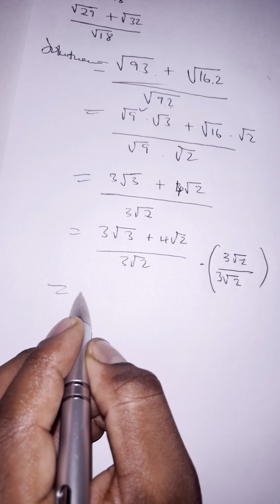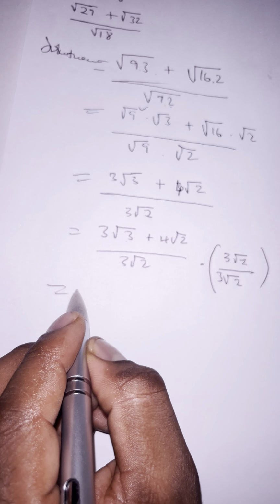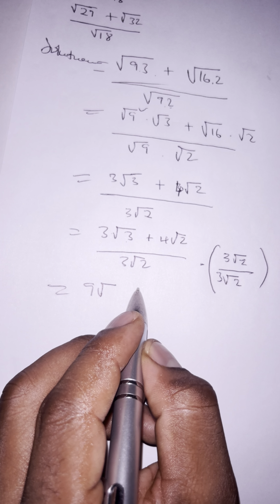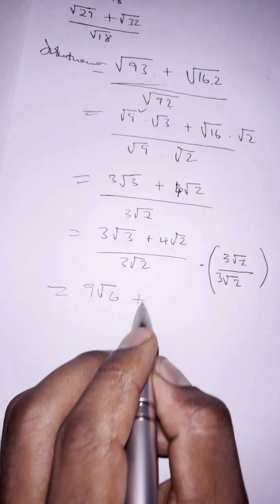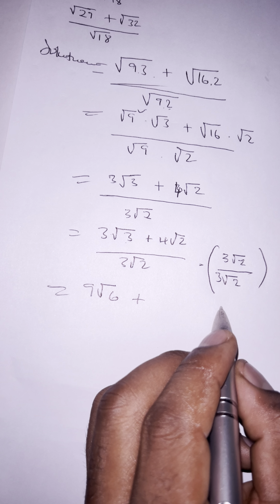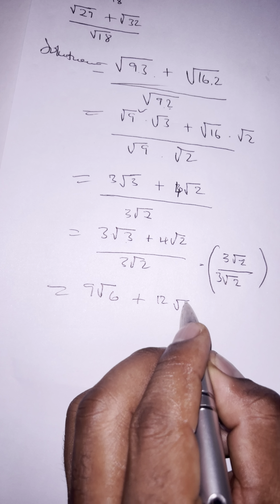Now, here we have 3 times 3 is 9, square root of 2 times square root of 3 is square root of 6, plus 4 times 3 is 12, square root of 2 times square root of 2 is 2.